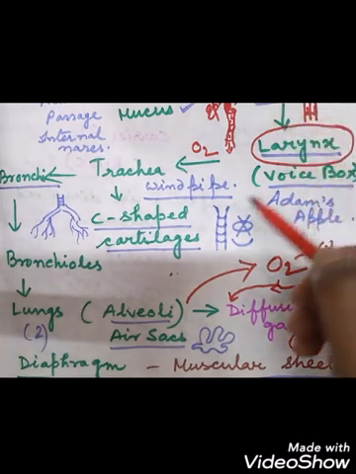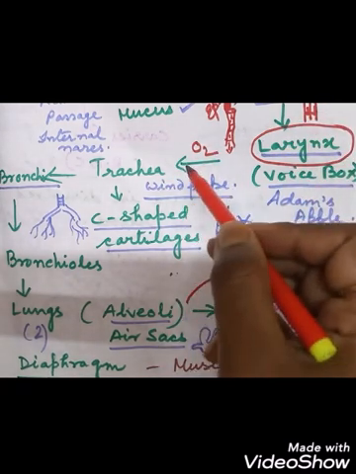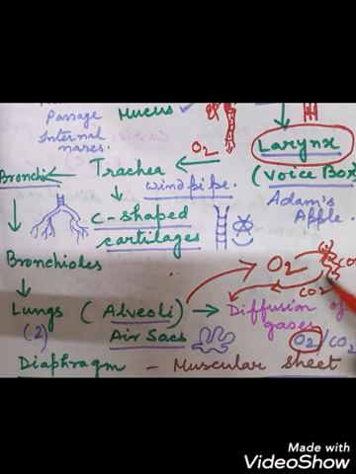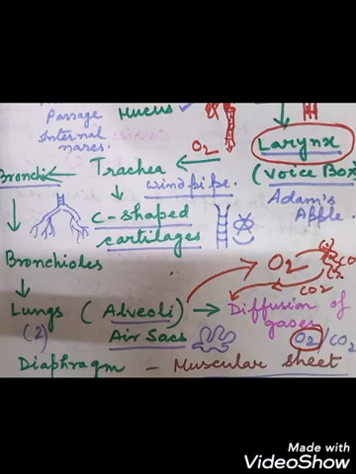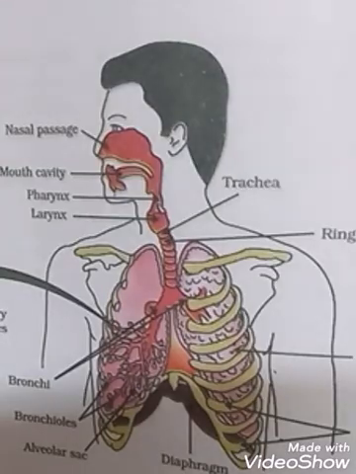So air goes inside, rich in oxygen, and is passed out by the process of diffusion into the blood. Then blood will give its carbon dioxide to the alveoli by the process of diffusion, and this way breathing is continued, and the diaphragm helps in this process by increasing and decreasing the chest cavity.